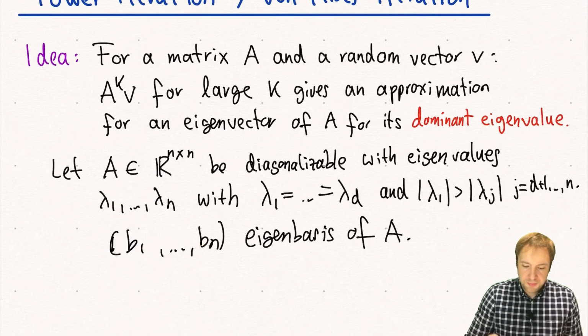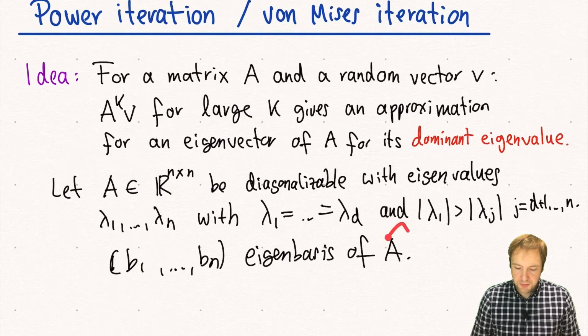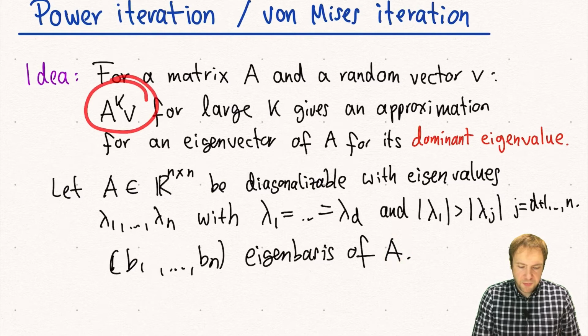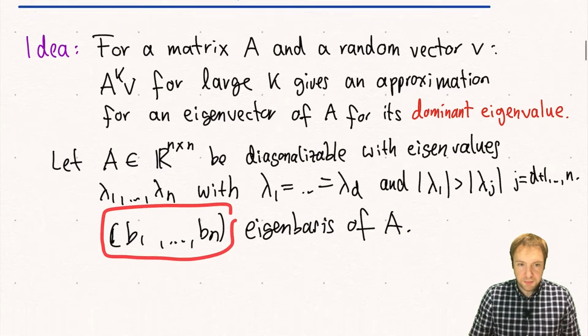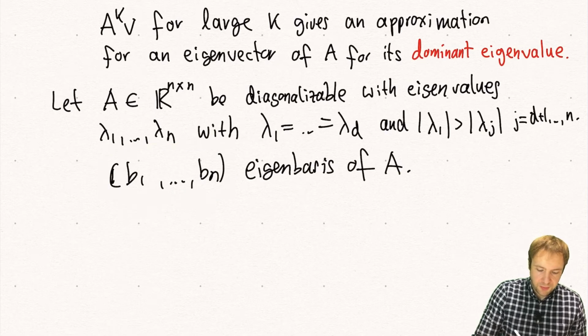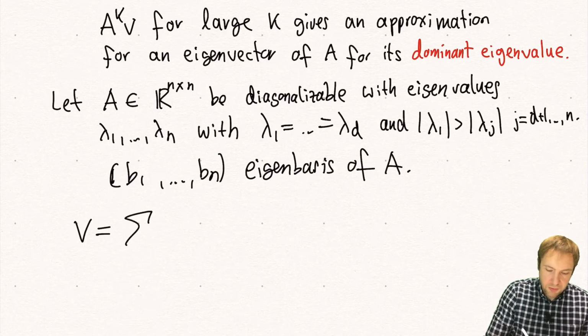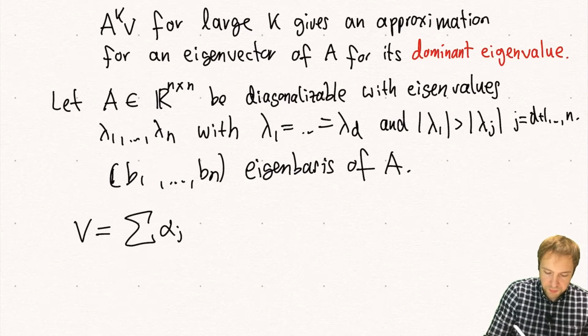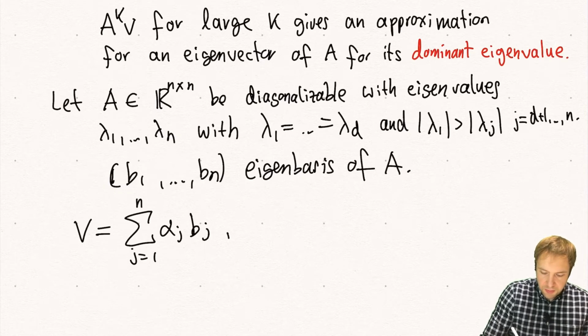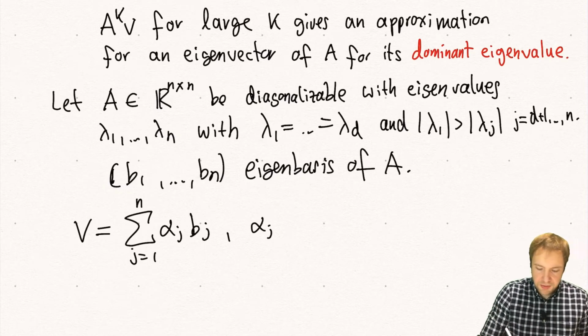So now let's see what happens to a matrix A if we do this to some vector v. First of all, because this is a basis, we can write any vector v as some linear combination of these basis vectors, where j goes from 1 to n, and these alphas are just real numbers.